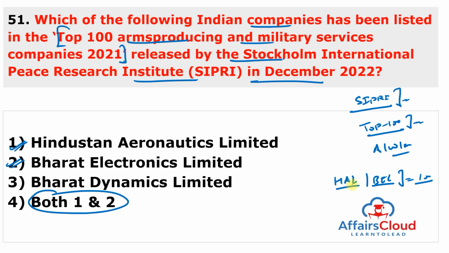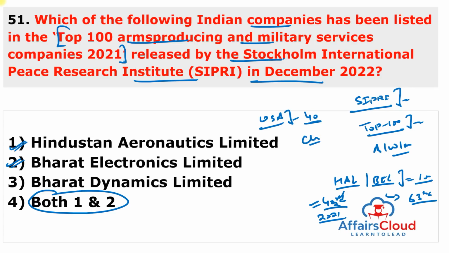HAL has improved to the 42nd position in the 2021 ranking compared to 43rd in 2020. And Bharat Electronics Limited's rank is 63rd, earlier 69th. And the United States of America has topped the list with 40 companies, followed by China for the second successive year.